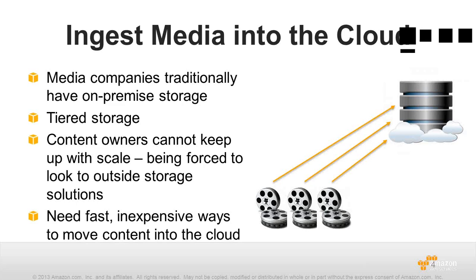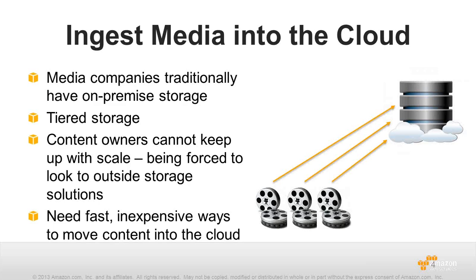A couple of reasons for that. One, the content is getting increasingly bigger. The file sizes are getting increasingly bigger. We're moving from standard definition to high definition to 3D to 4K, and it's just going to continue to grow. The other reason is content is coming from a variety of different sources. There's a lot of network content from cable and satellite providers.